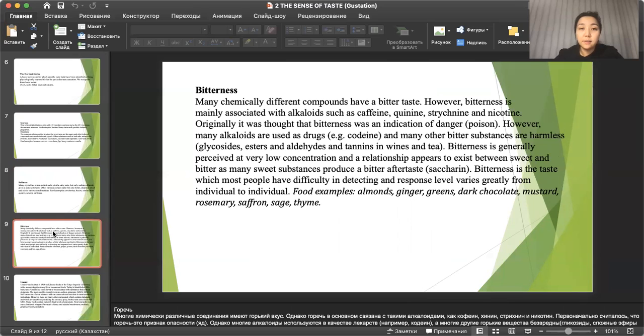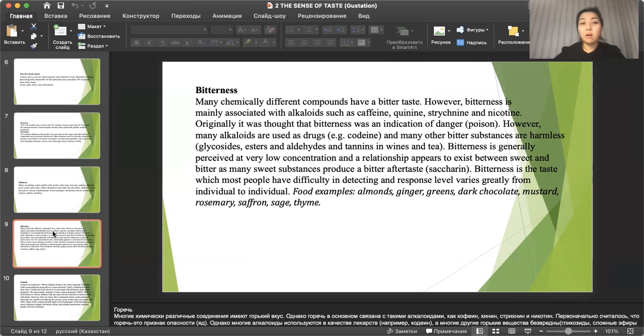And bitterness: chemically different compounds have a bitter taste. However, bitterness is mainly associated with alkaloids such as caffeine and nicotine, and originally it was thought that bitterness was an indication of danger, like a poison.